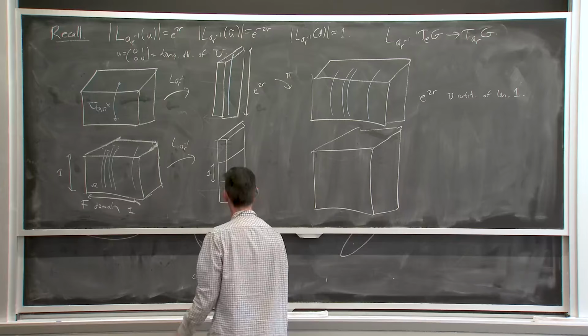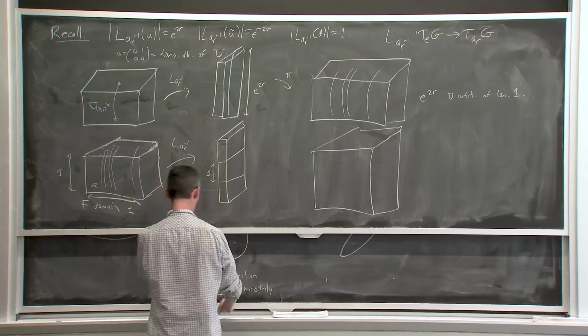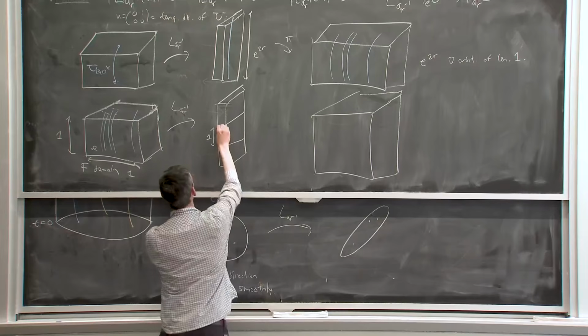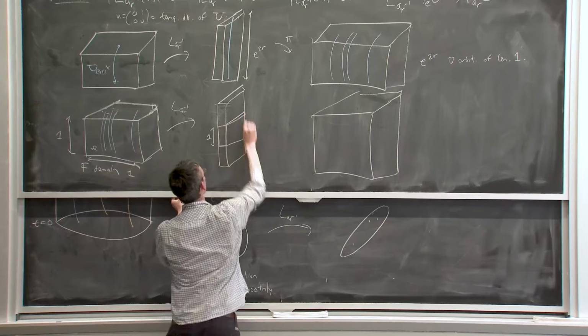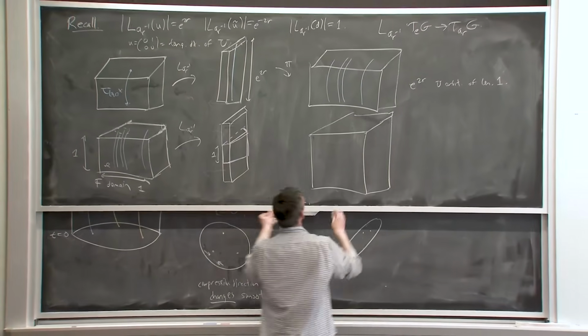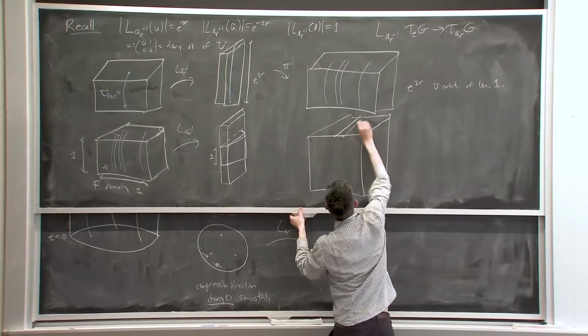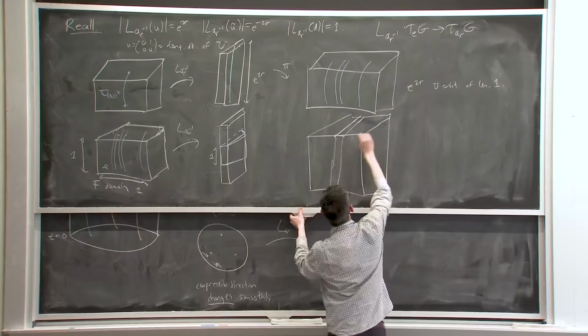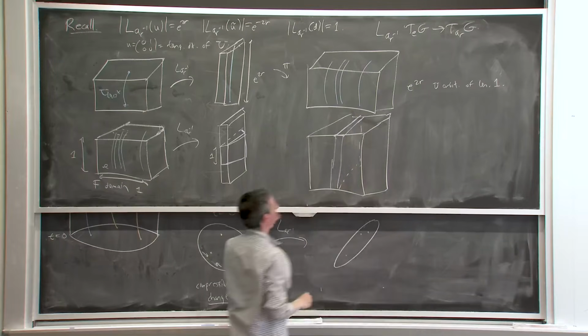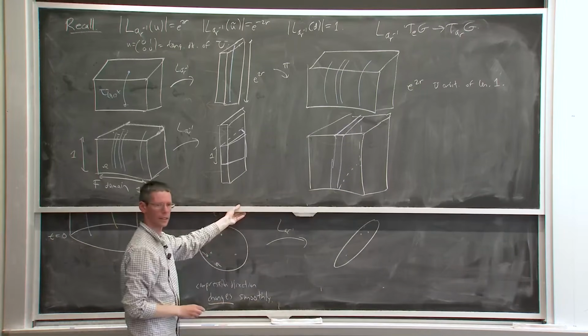Right. So over here, there is an unused color. There's a purple piece over here. That purple piece is going to fold back in over here. Can you see that? All right.